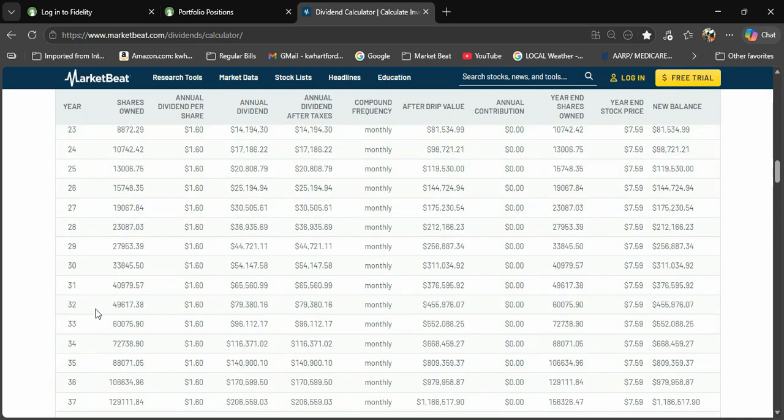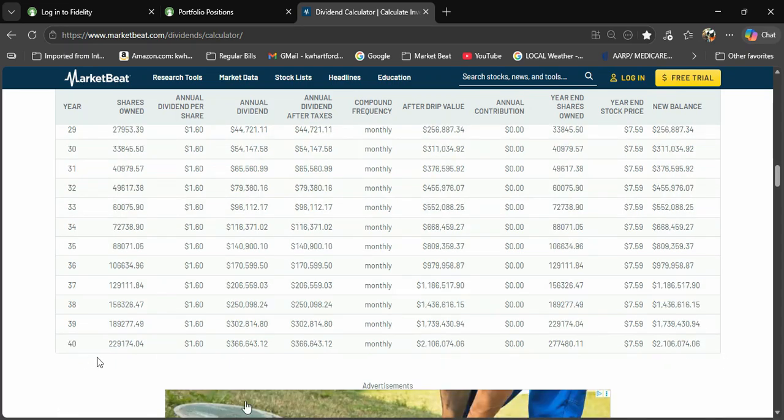And 35 years, instead of 33,000 shares, you've got 68,000 shares. And your account has grown from 311,000 in the 30th year to 809,000 in the 35th year.